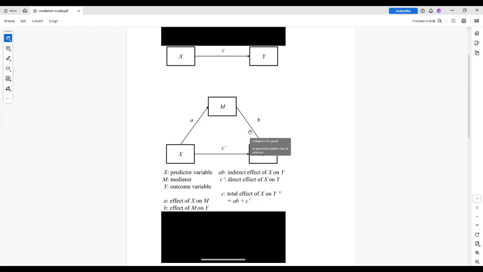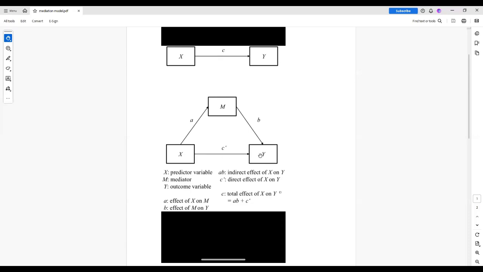So if you want to report this effect, for example, with cognitive avoidance and social problem solving, you don't simply say that the direct effect of cognitive avoidance on social problem solving was significant. You say that the direct effect of cognitive avoidance on social problem solving, after accounting for the effect of IV or the effect of maladaptive schema, was significant.